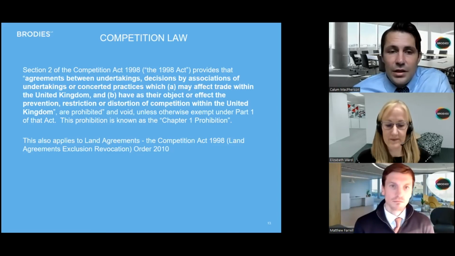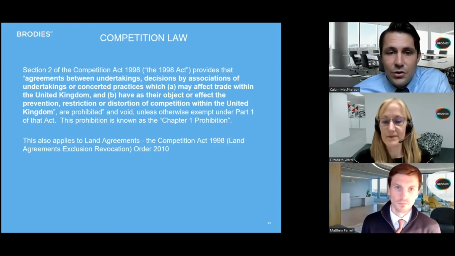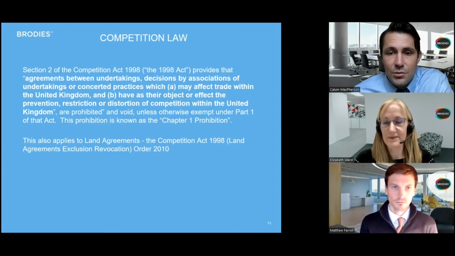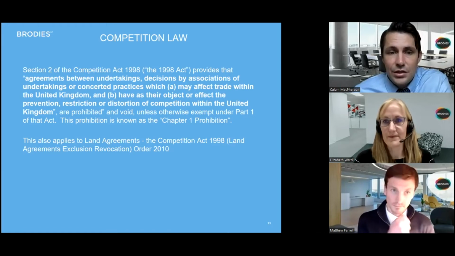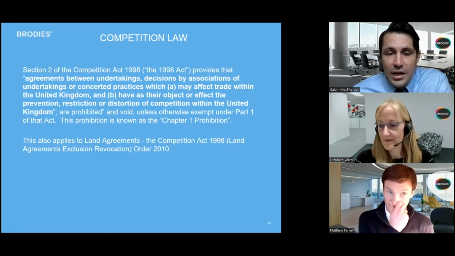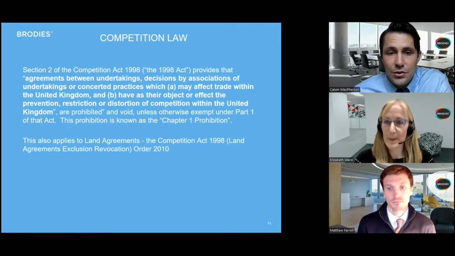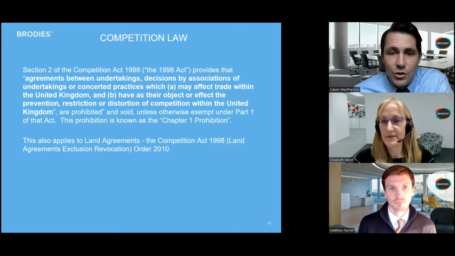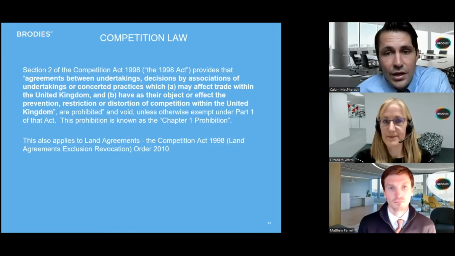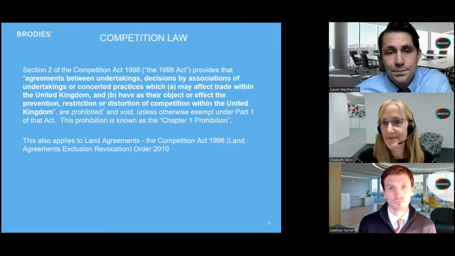In those circumstances, we normally reserve the right to make a competition law argument in relation to the Chapter 1 prohibition, and in particular reserve the right to undertake and produce reports for the purpose of seeking to establish that the title condition is an agreement between parties which affects trade within the UK and has the effect of preventing, restricting, or distorting competition within the UK.